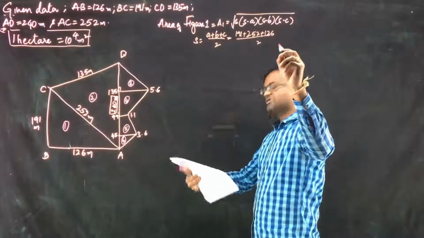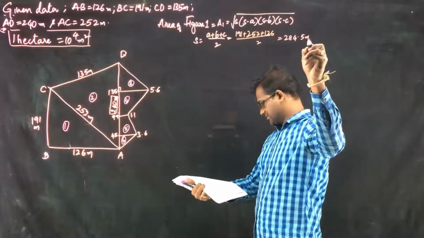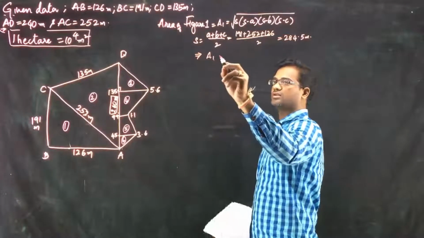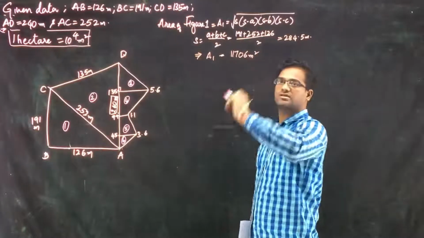This will give you a value of 284.5 meters. If you back substitute above, you will get a value of 11706 square meters.